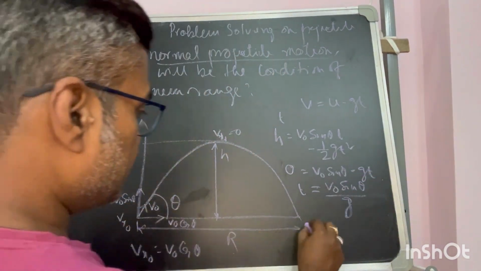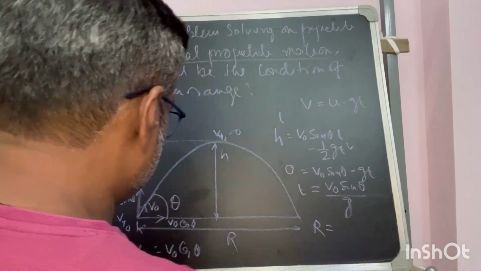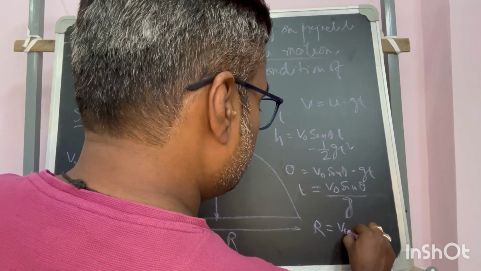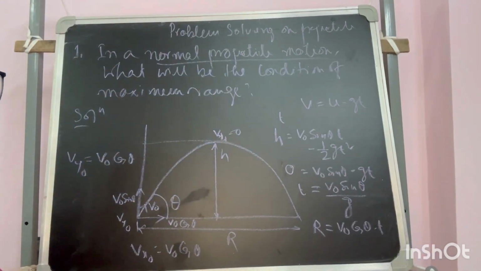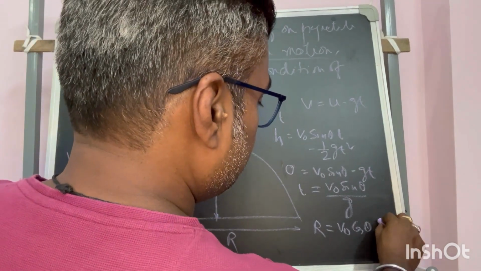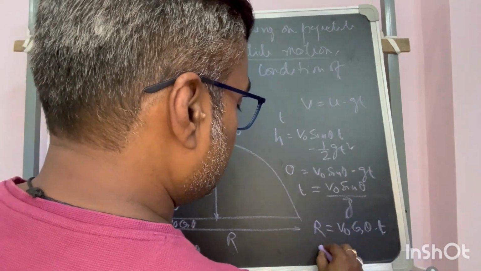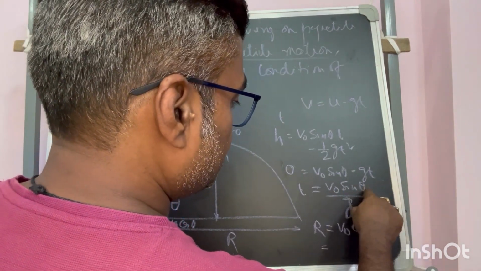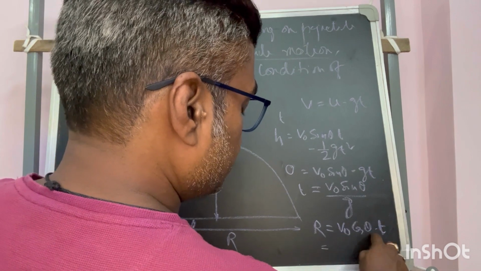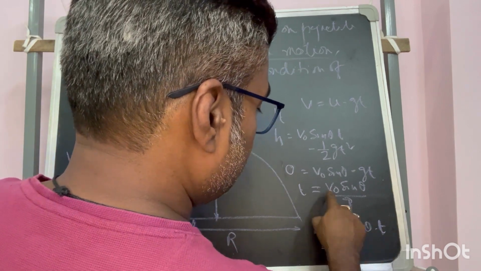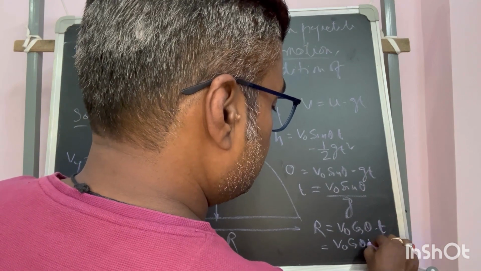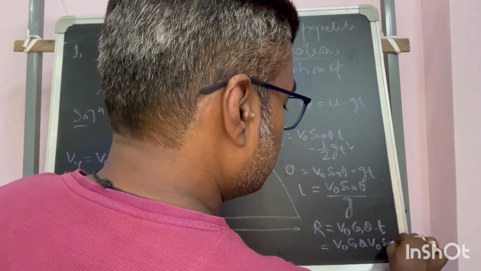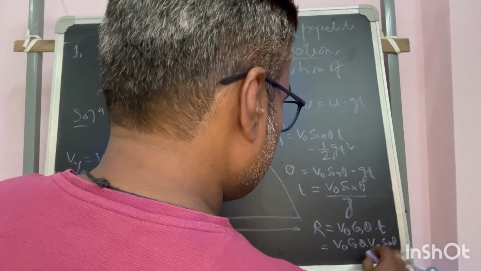The range, the distance traversed in horizontal motion, is the velocity v0 cos theta into time. Now the time here is v0 sin theta by g, so can I put it here? This will be v0 cos theta into v0 sin theta divided by g.